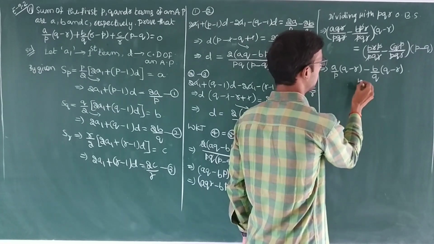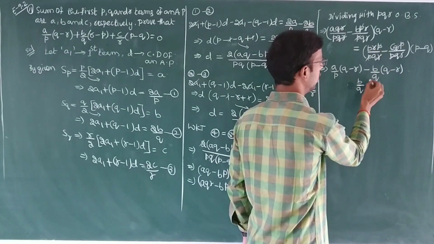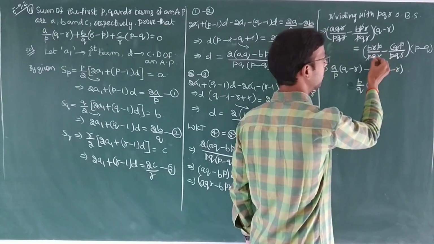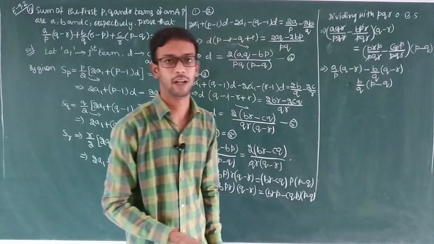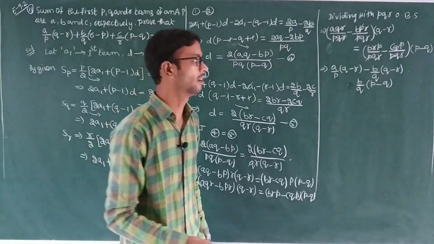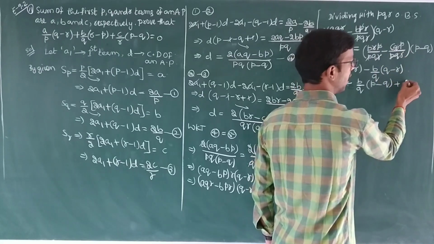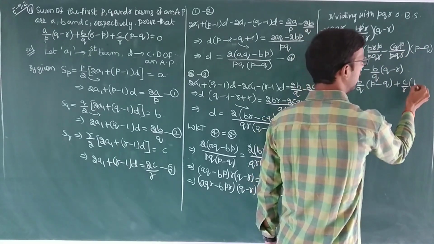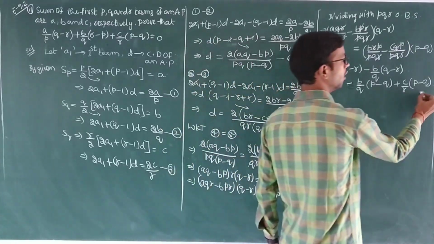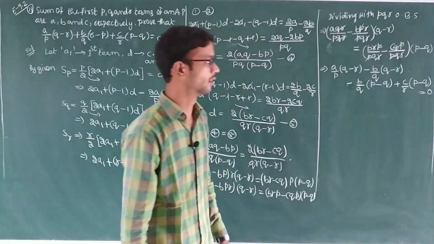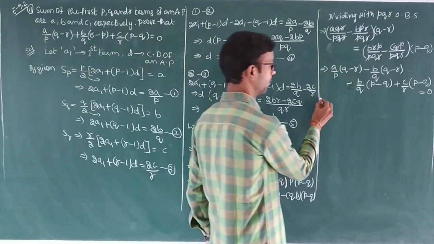Minus B by Q into P minus Q, negative. Next, this negative is a positive, C by R into P minus Q is equal to 0. Now make the simplifications here.